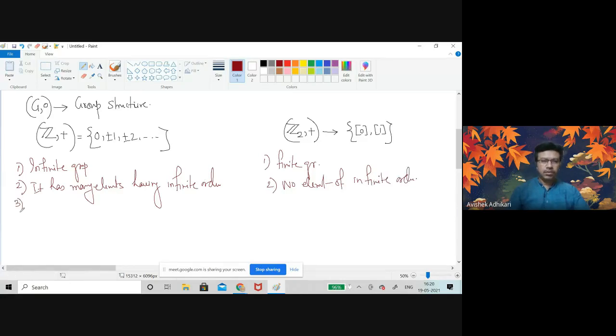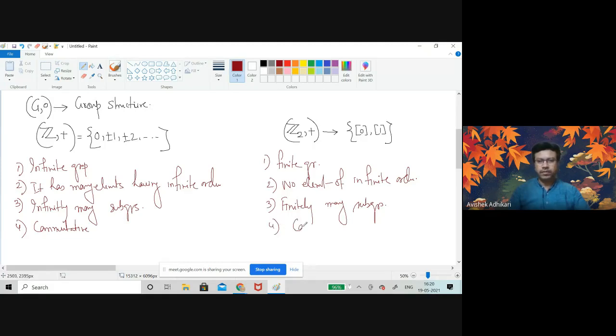You can think of infinitely many subgroups here, and here finitely many subgroups. It is a commutative group, and this is also commutative. It is cyclic, and this is also cyclic.